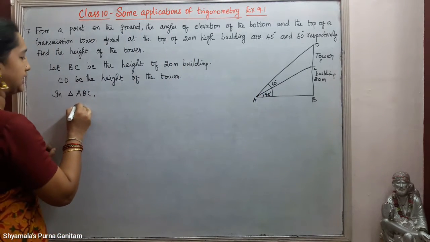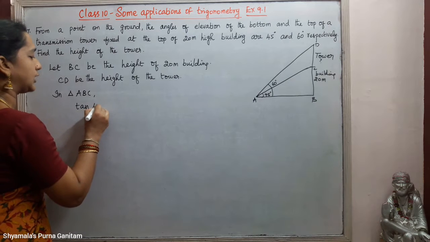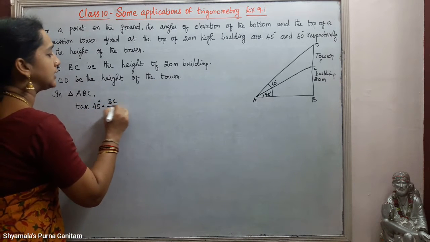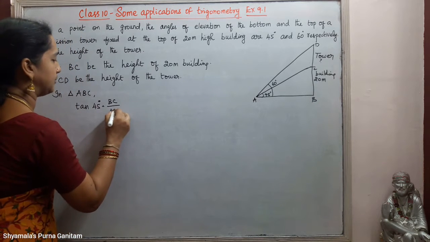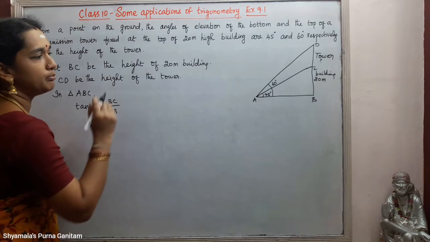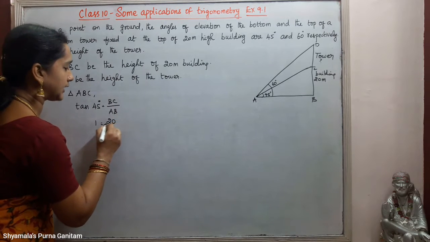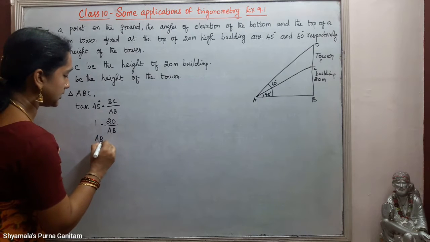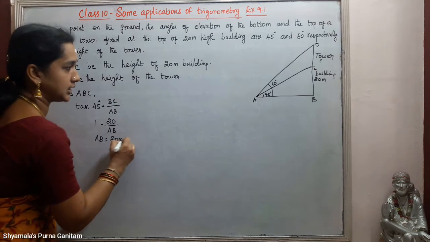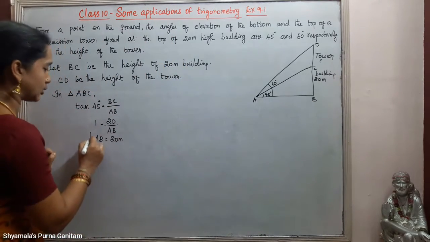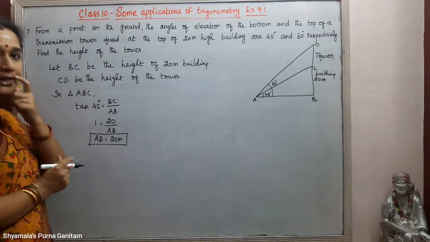So in triangle ABC, tan 45 degree is equal to opposite BC by adjacent AB. We know tan 45 is 1, equal to BC, which is 20 meter, given in the question, by AB. So AB is equal to 20 meter.